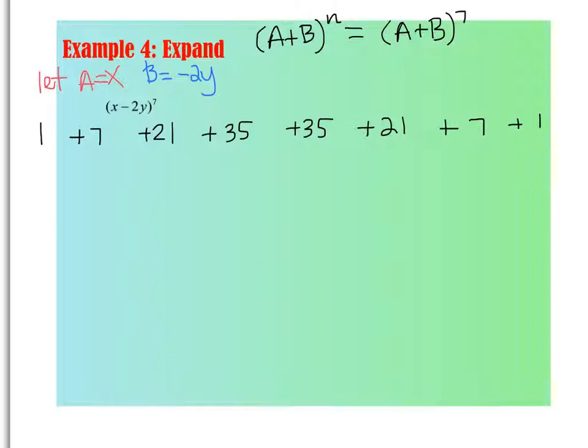A's start with the highest power, which is the 7th, so A to the 7, A to the 6, A to the 5th, 4th, etc. And B's are going to count up, starting with 0.